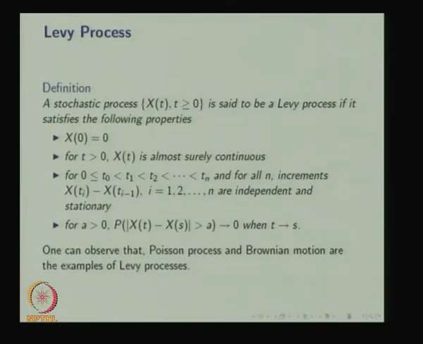Whereas in the Brownian motion, we supply the fourth property as W(t) − W(s), the increment, being a normally distributed random variable with mean mu times (t − s) and variance sigma squared times (t − s). For the standard Brownian motion, mu is equal to 0 and sigma squared is equal to 1.